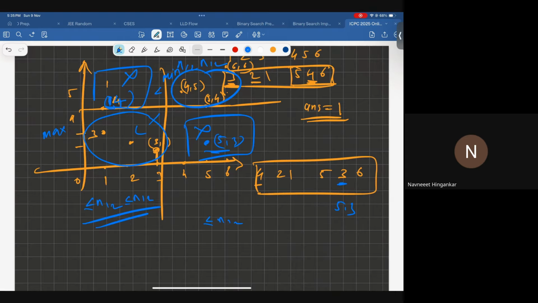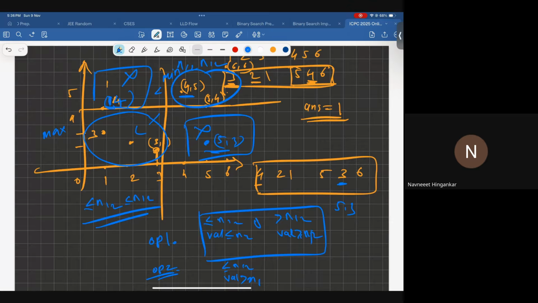So you can pair index less than or equal to n by 2 and value less than or equal to n by 2, union index greater than or equal to n by 2 and value greater than or equal to n by 2. This is the first operation, operation 1.